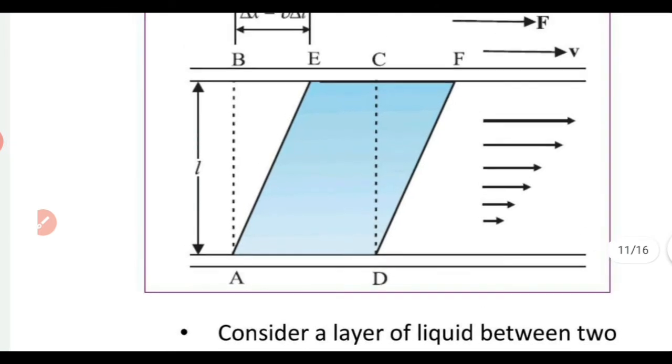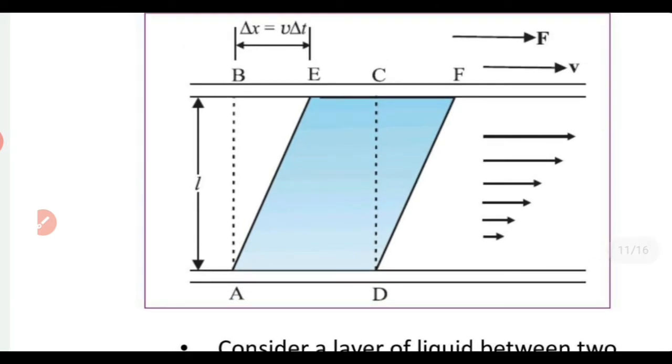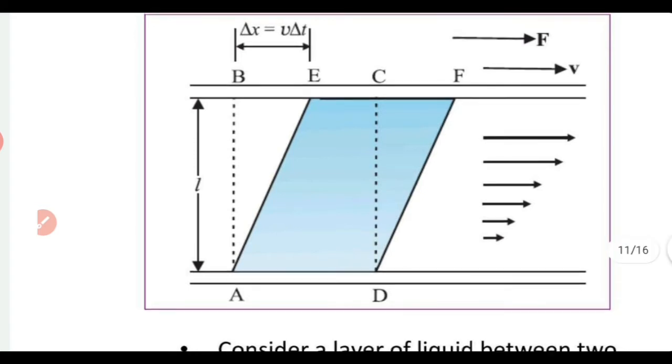When we look here, you can see that the liquid column which was rectangular in shape between the two glass plates, on the application of that tangential force, takes the form of a parallelogram. That cross section, you can see the liquid column has now changed to the shape of a parallelogram. So there is a change in shape. The corresponding strain we call shearing strain, and that shearing strain is actually here.